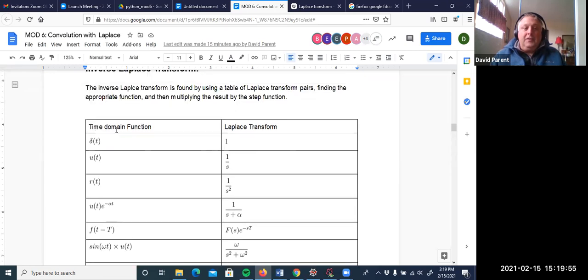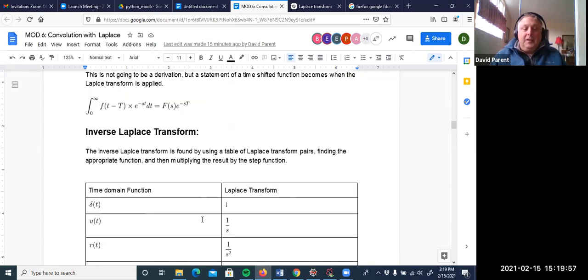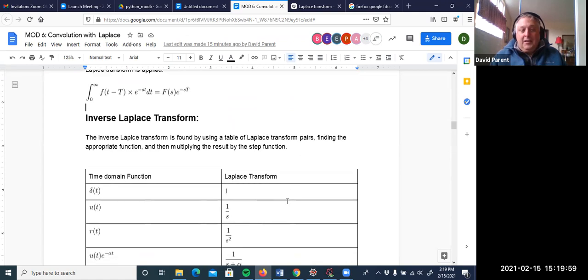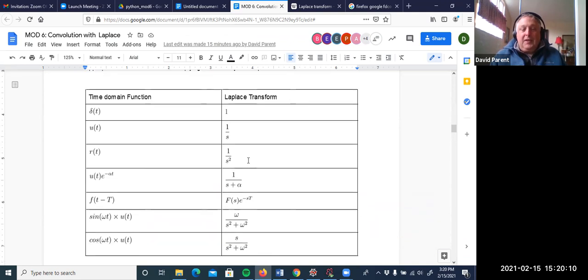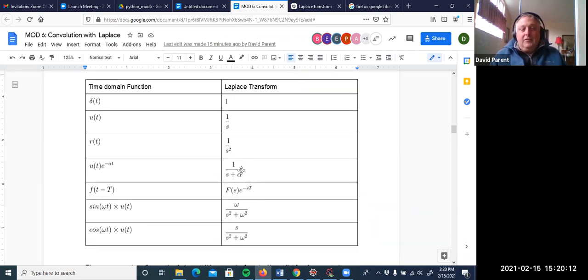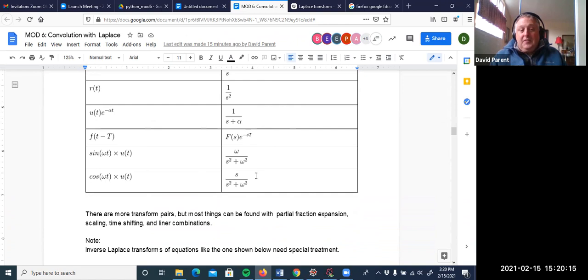So I've used the Laplace transform to go from left to right, but to go from right to left, I just look at it. Oh, I have a constant. That's going to be a delta function. I see 1 over s. That's going to be a step, right? And so on.